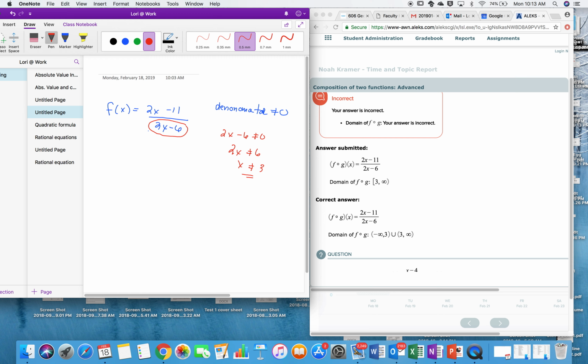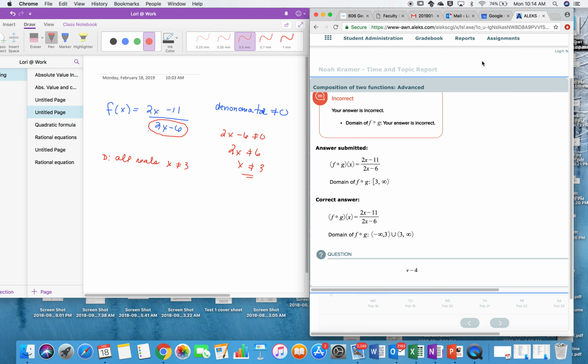I would get some number over 0, and that can't happen. So for my domain, it's really all real numbers except x can't be 3, because then I get something that's undefined. So that's, again, when you have just a rational function.